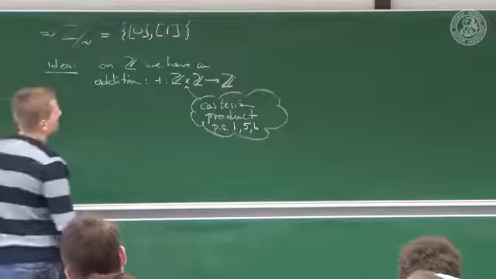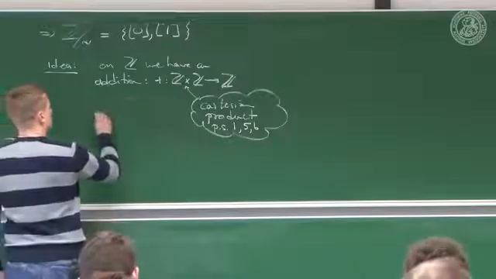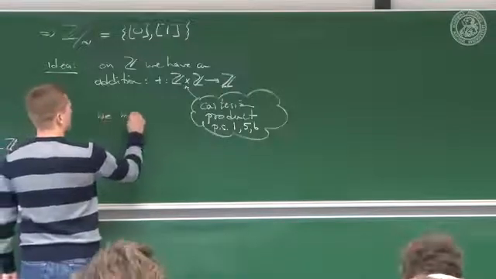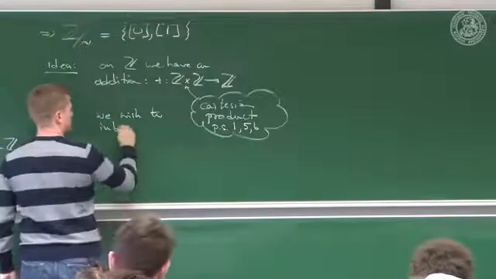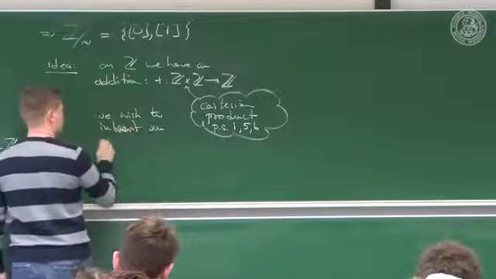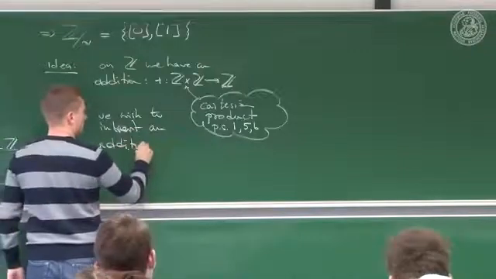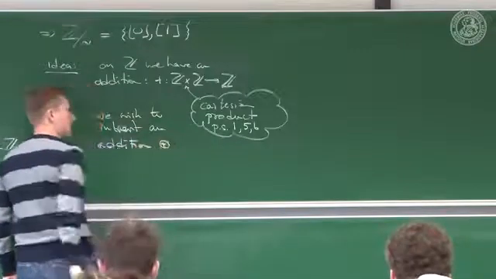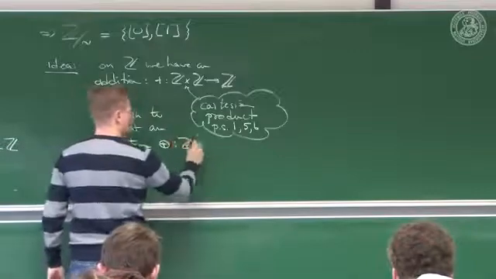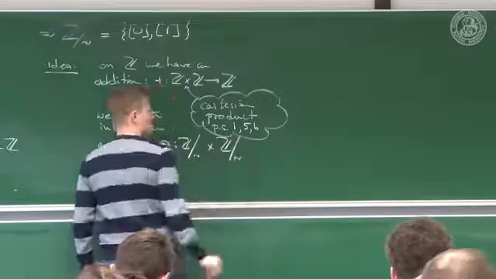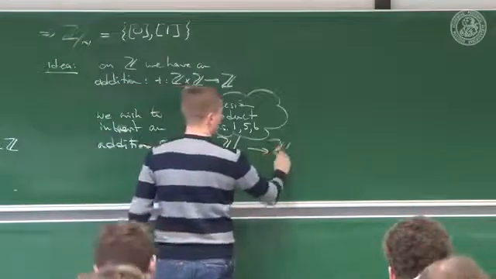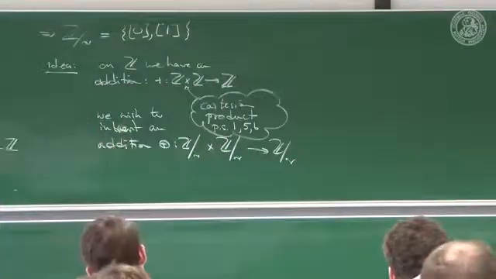On Z we have an addition plus, and we wish to inherit an addition which deserves a different name, and this addition is supposed to take two elements of the quotient space and return an element of the quotient space.